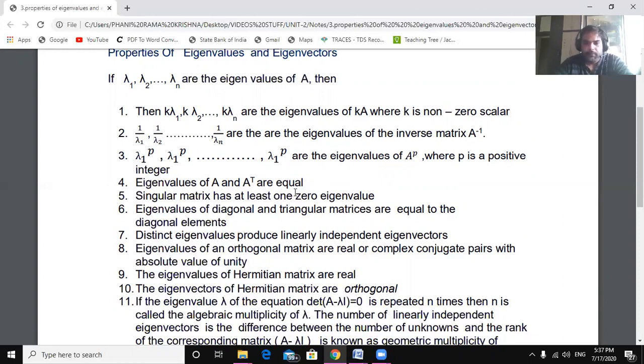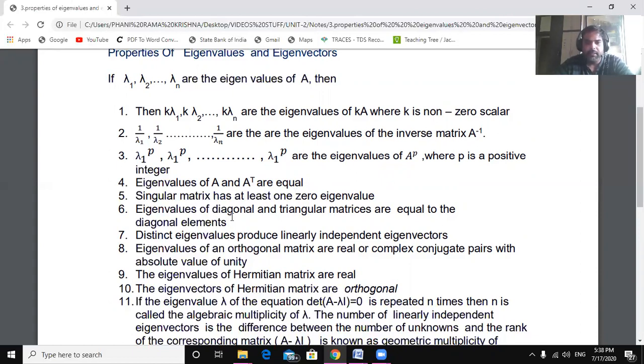Then if A is a triangular matrix, maybe lower triangular or upper triangular, then the diagonal elements are the eigenvalues.